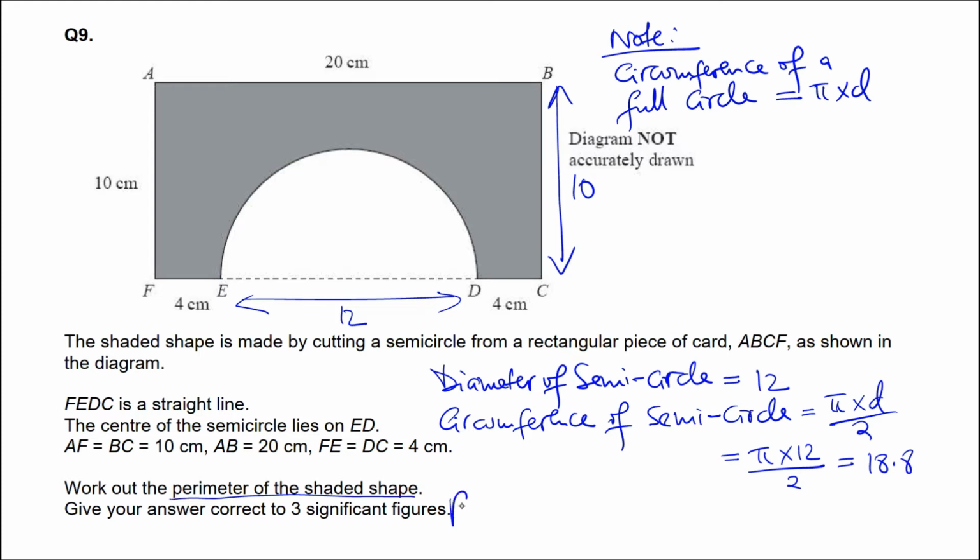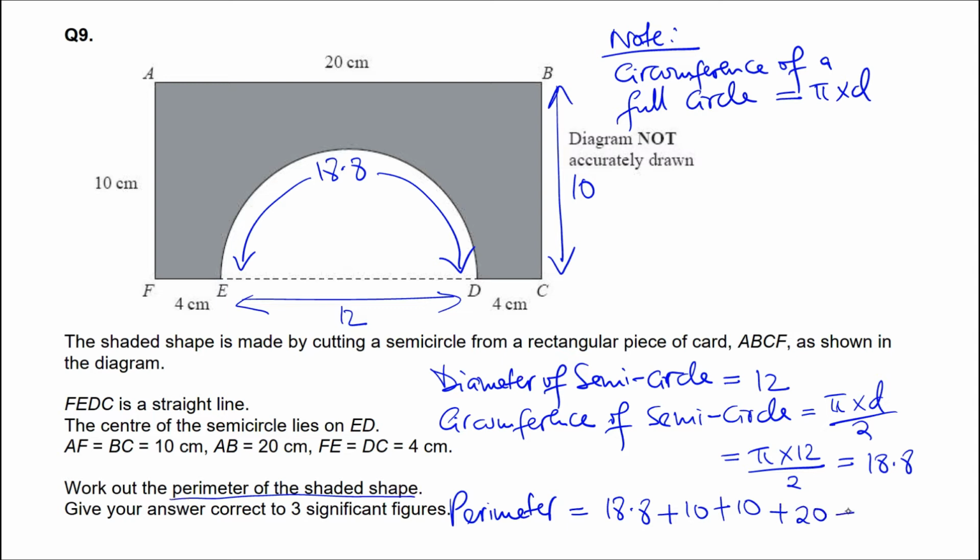So the perimeter of the whole shape will be equal to 18.8, which is this distance from here to there, plus 10 plus 10, which are these distances, plus 20, and then plus 4 plus 4.